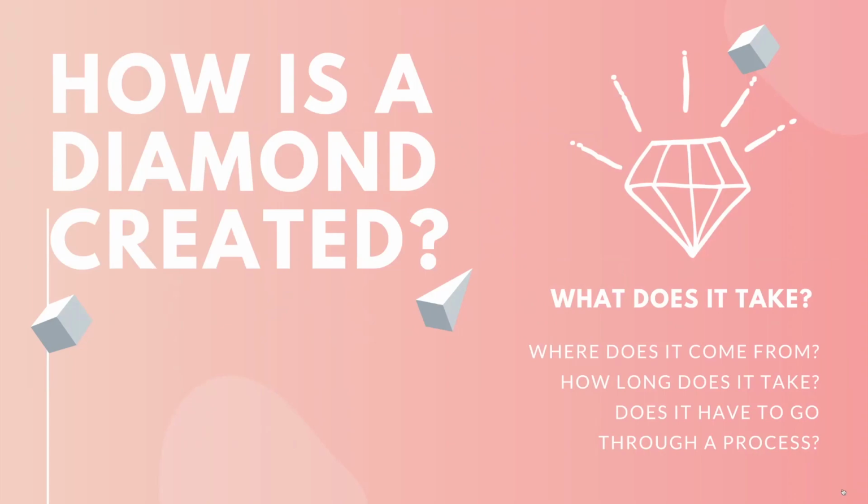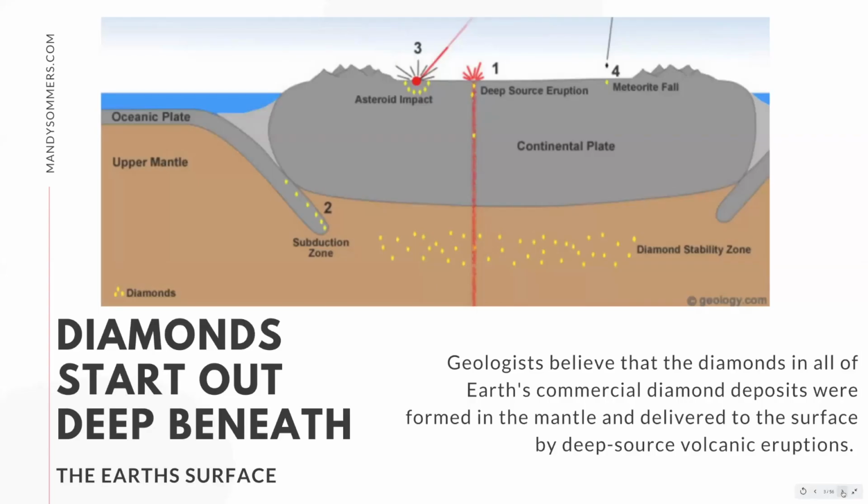And where they come from, and how long it takes, and the process that it has to go through, because it's actually pretty fascinating, this process. So diamonds actually start out deep, deep, deep beneath the earth. They actually start out in the mantle. Geologists believe that all of the Earth's commercial diamonds that have been deposited were formed in the mantle, and they were delivered to the surface by a deep source volcanic eruption.